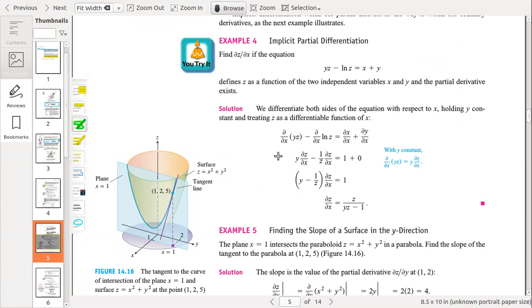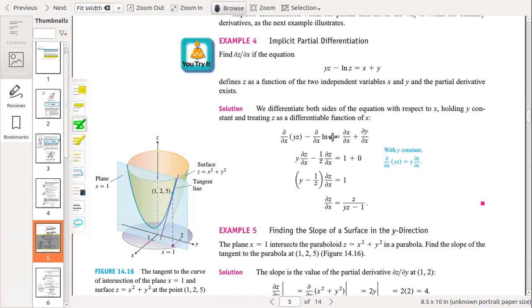So partial over partial x of yz minus partial over partial x of natural log of z is equal to partial over partial x of x plus partial over partial x of y.